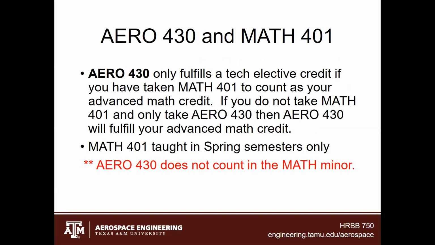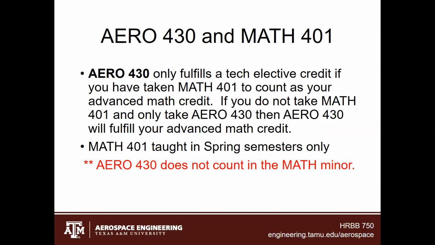All right. One thing that y'all need to be clear on. Aero 430 only fulfills a tech elective credit if you have taken Math 401 to count as your advanced math credit. Okay? If you do not take Math 401 and only take Aero 430, then Aero 430 will fulfill your advanced math credit. Math 401 is only taught in the spring, traditionally.